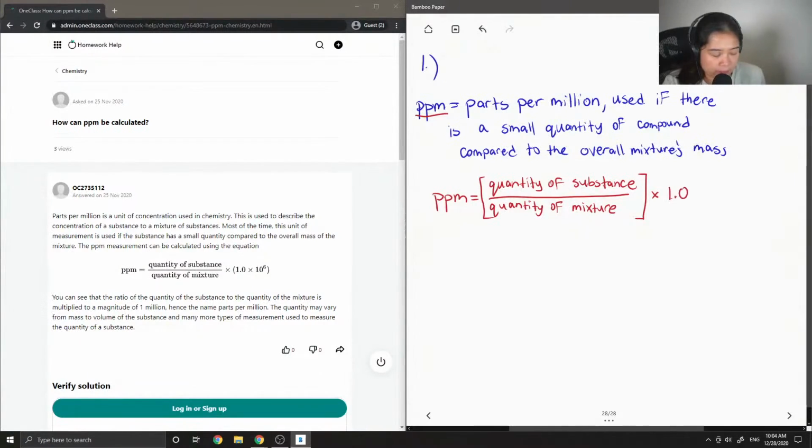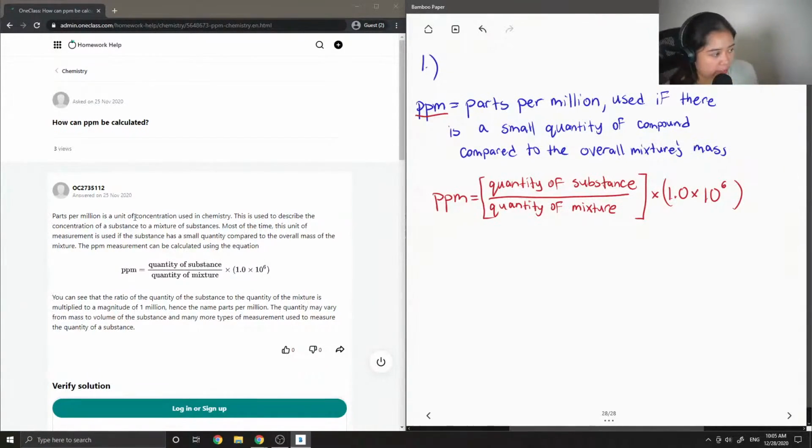So I'm going to write it in scientific notation, which is 1 times 10 to the power of 6. So that's how you know that something would be very small in order to use the ppm concentration. Because when you have the quantity of a substance and then you divide it by the quantity of the mixture, and even though you multiply by 1,000,000, you still get values that are around like 6 or 10. So you know that there is only a small amount of that compound in the overall mixture.